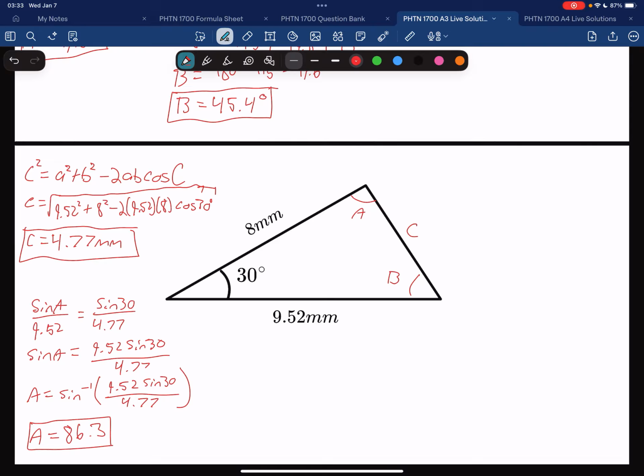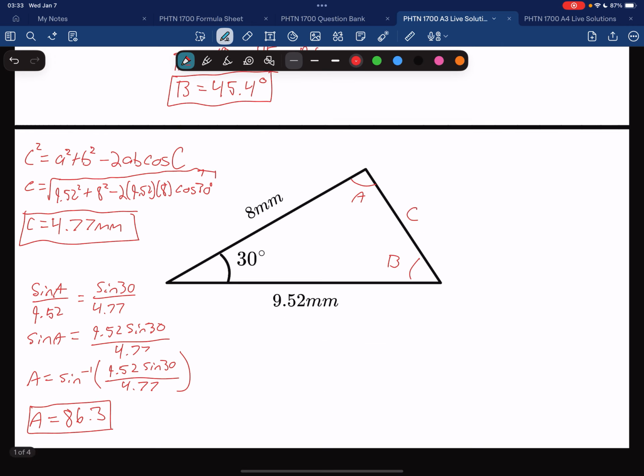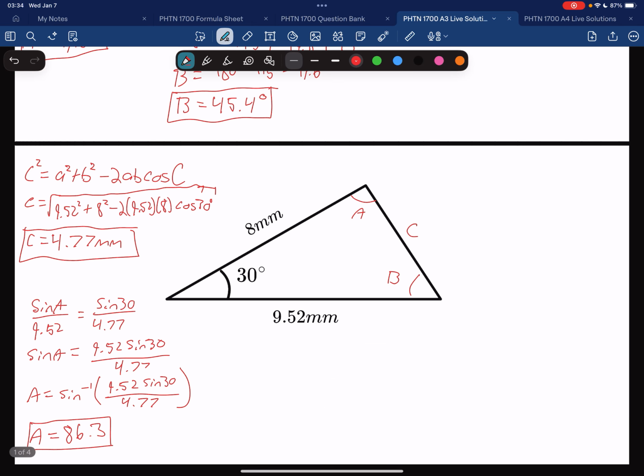I'm noticing something. I should have solved for that one later, but we will see why shortly. Let's go ahead and solve for angle B. Again, we are not allowed to use this. Well, we are allowed to use the sum of interior angles, but we're not going to for this one because we don't need to.